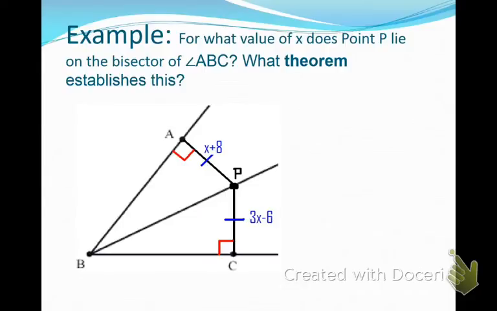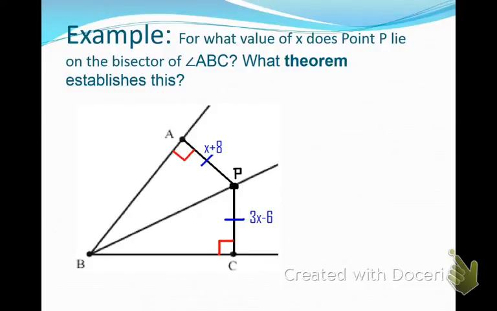You would take x plus 8 equals 3x minus 6. Yeah, that's right. We'd set these two equal to each other because they're going to be the same distance.